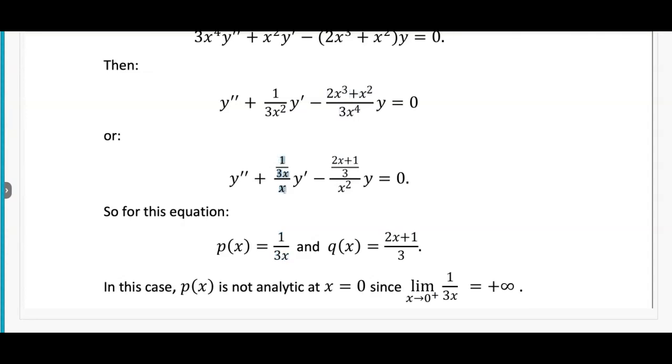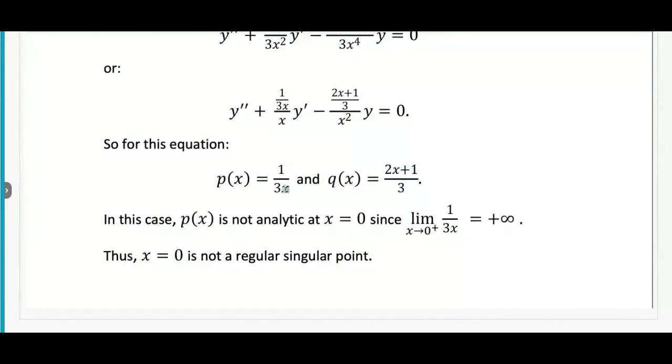You don't really have to do this, just go from here. We multiply by x with this, so we get lowercase p is 1 over 3x. Lowercase q is x squared multiplied with capital Q, so we get 2x plus 1 divided by 3.